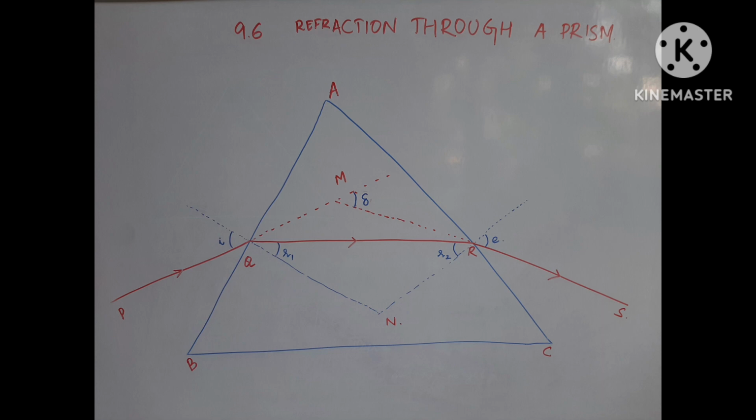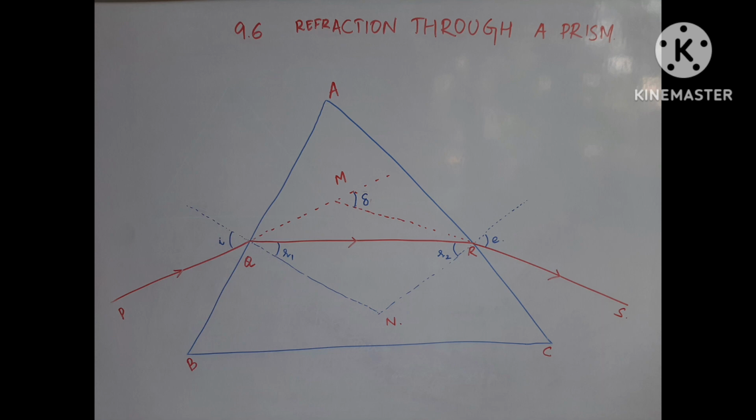After refracting through the first face AB, it makes an angle R1 inside the prism, and at angle R2 it is incident on the second face AC, and it emerges with an angle E with the normal at the second face.